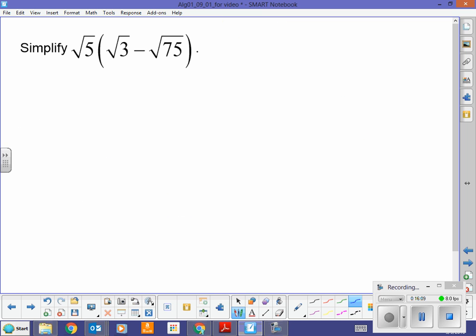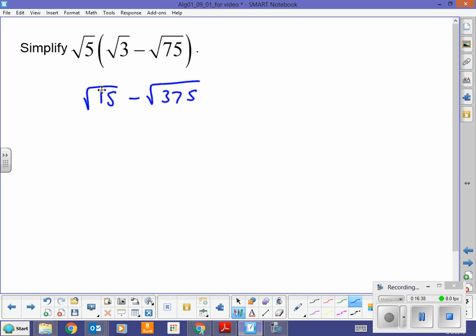Distributive property here. I know this lesson is going a little long, but there's lots of good examples here. Radical 5 times radical 3 is radical 15 minus radical 5 times radical 75. 5 times 75 is 375. Okay, and now we have to simplify these to see if we can have like terms here.